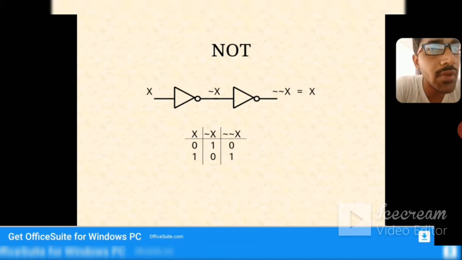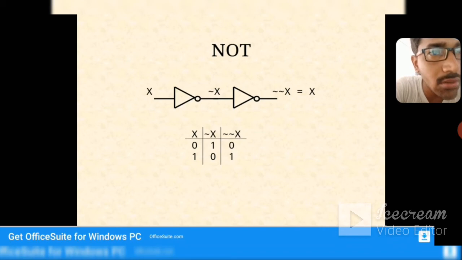In this figure, you can trace out, we have two complement circuits or inverter circuits interconnected to each other. The first inverter circuit gets X as input and gives us NOT X as output. Again, the second inverter circuit gets NOT X as an input and gives us X as an output.